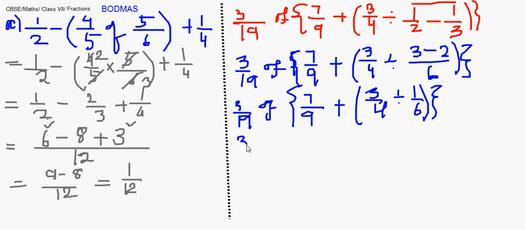So it is 3 by 19 of 7 by 9 plus. We know how to do this by reciprocating.